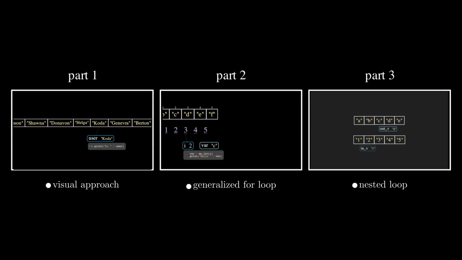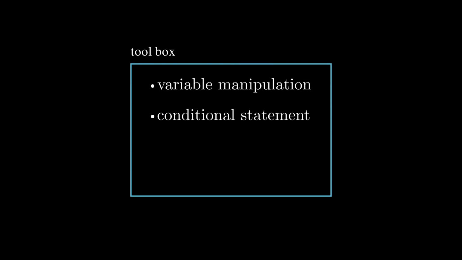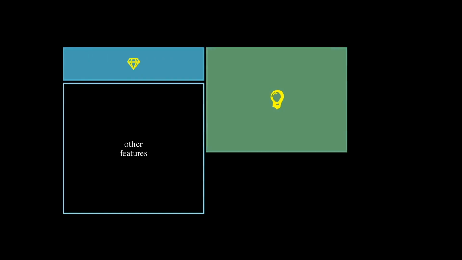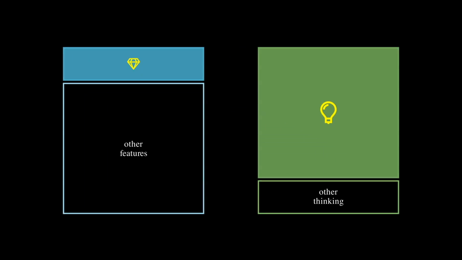In terms of the big picture of the essence of Python, we have already added these items to our toolbox: variable manipulation, which is a unit of compute; conditional statement, decision making; Python list, data structure; for loop, automation of logic. These combined may only occupy 20% of Python's programming features and syntax, but the core concepts are definitely relevant in at least 80% of any programming thinking.